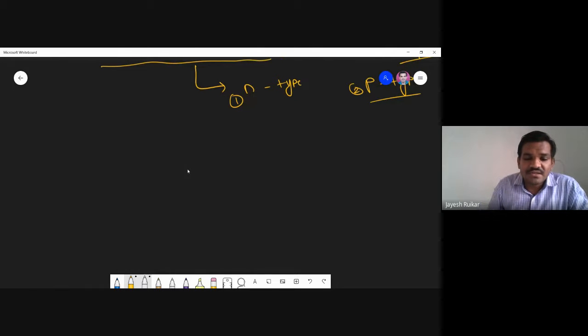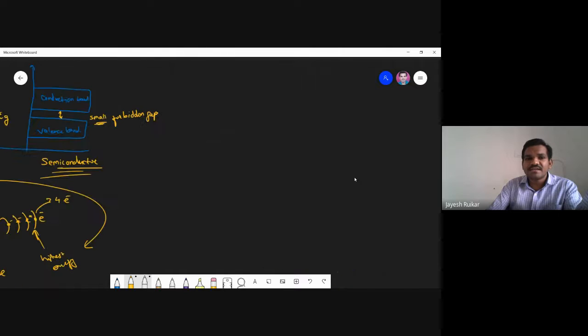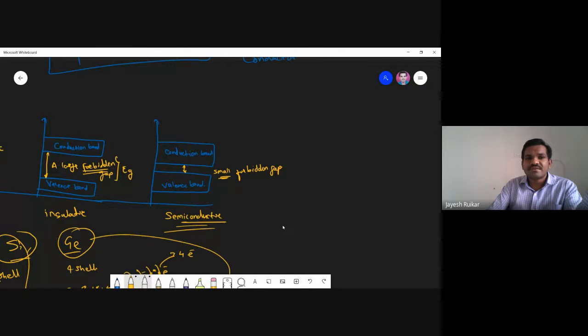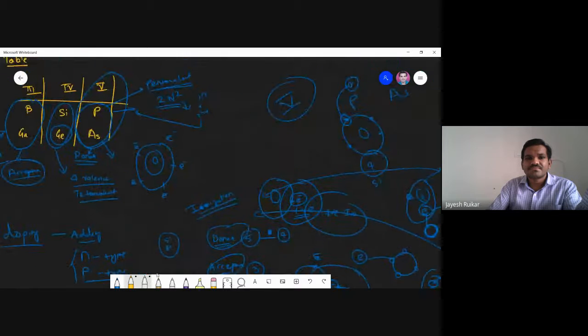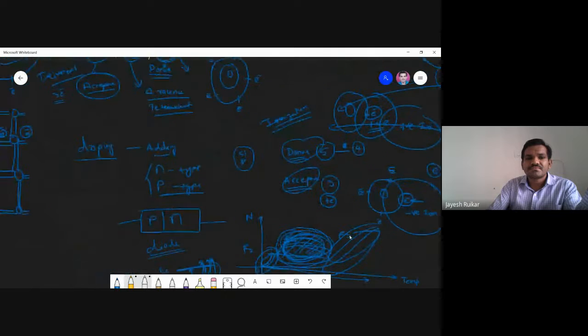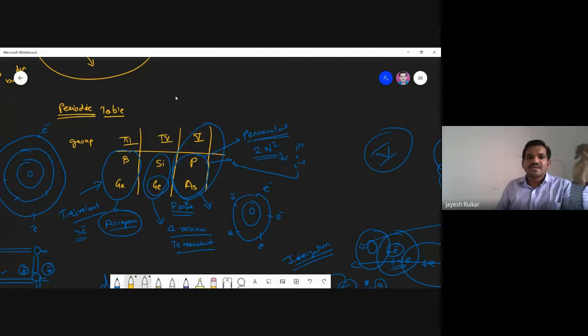In order to understand N type and P type, let us go back to the periodic table. We have group 3 elements and group 5 elements. Let me go to that particular slide. This is the group 5 elements we have, like phosphorus and arsenic.